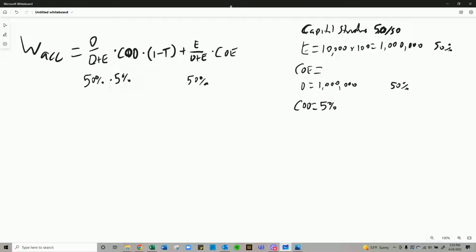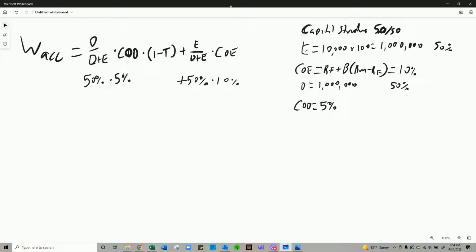Well, you know how to do cost of equity. It's CAPM. So risk-free plus beta times the market return minus risk-free. And let's say at the very end that equals 10%. So now we have cost of equity at 10%.